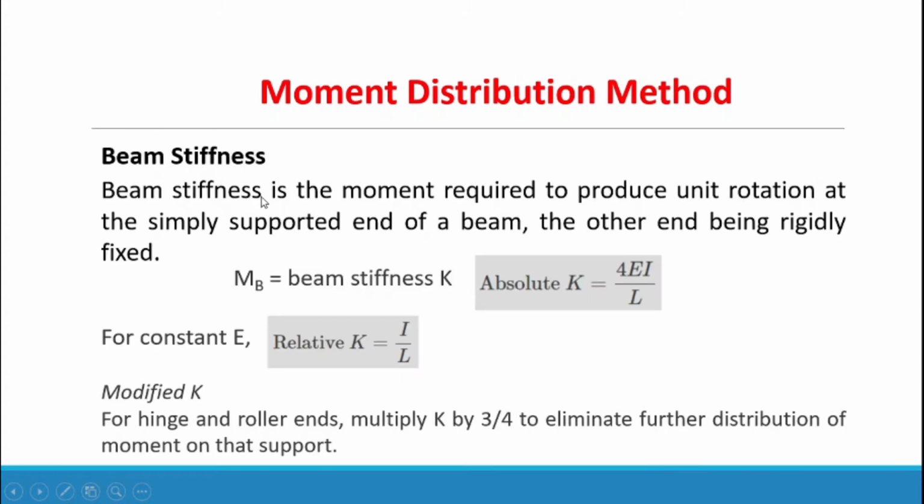Beam stiffness. Beam stiffness is the moment required to produce unit rotation at the simply supported end of a beam, the other end being rigidly fixed.